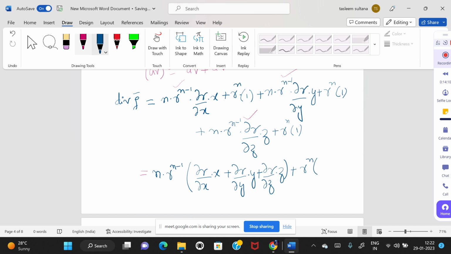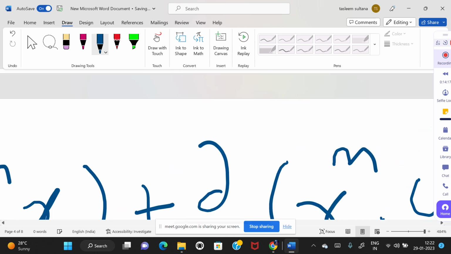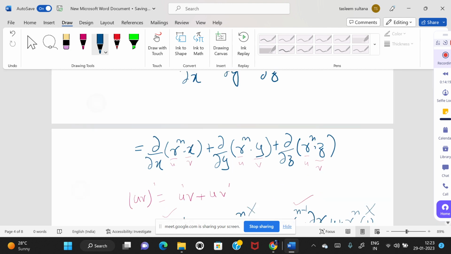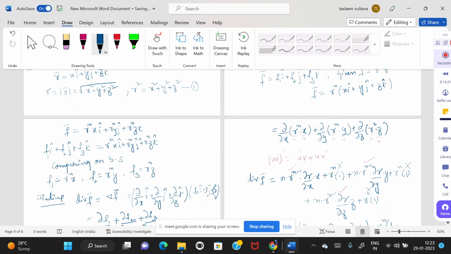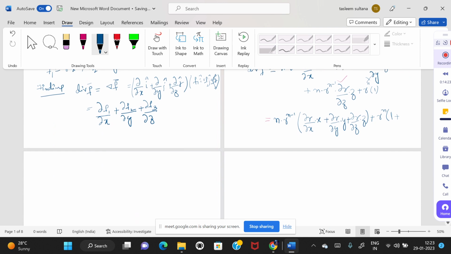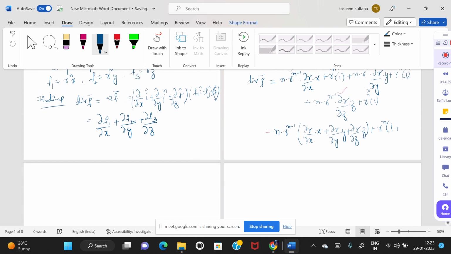From here these terms combinedly I can write: r to the power of n into 1 plus 1 plus 1. So it equals what? How much does it equal?